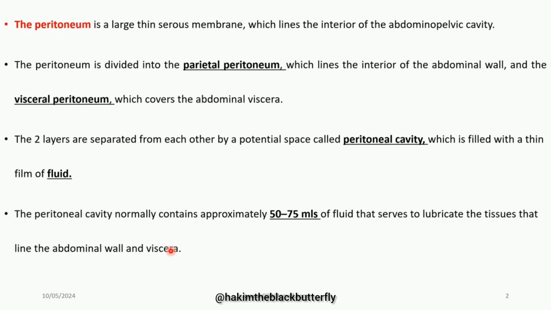There will be some peristaltic movements that will make your intestines slightly move within your abdomen. And it's important that there is always frictionless movement. And that's possible because of the fluid that we are calling the peritoneal fluid.